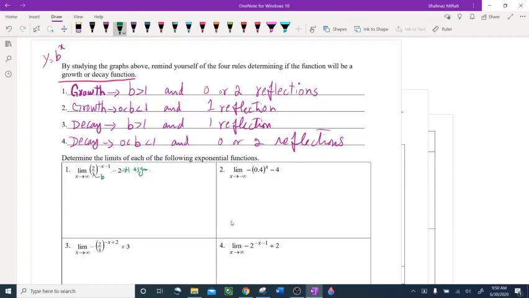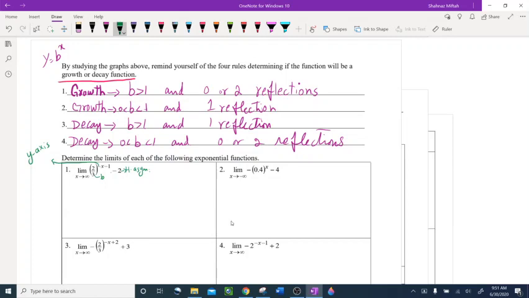Okay, reflections. Now, do you see this negative sign with the exponent right there? No, I'm not talking about that one. I'm talking about this negative with the x. So this means this is a reflection across the y-axis. If you have a negative up here, that's a reflection across the x-axis. But right now we don't have that.